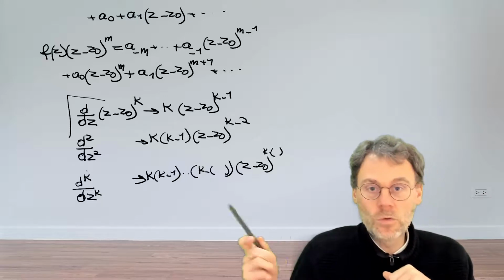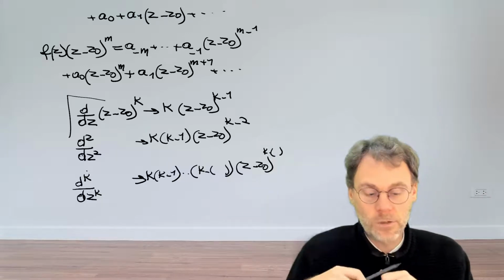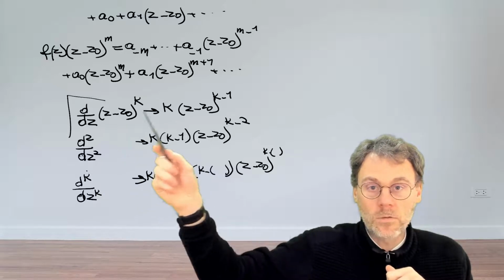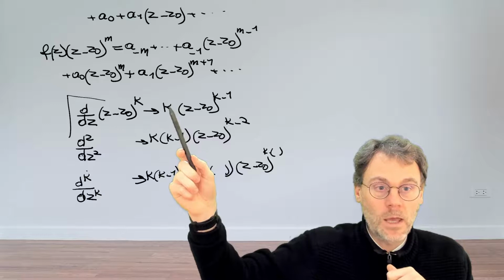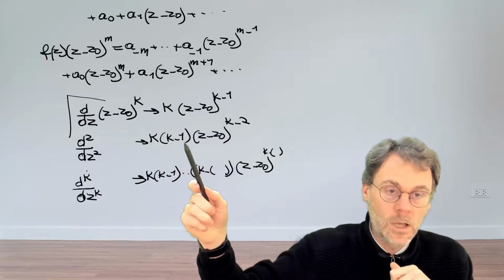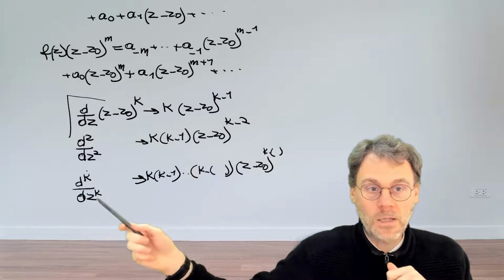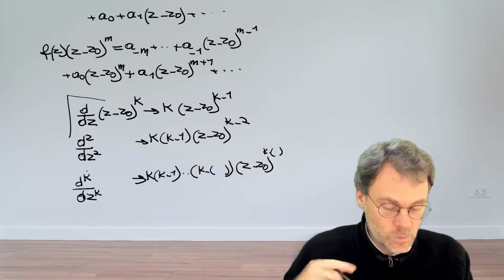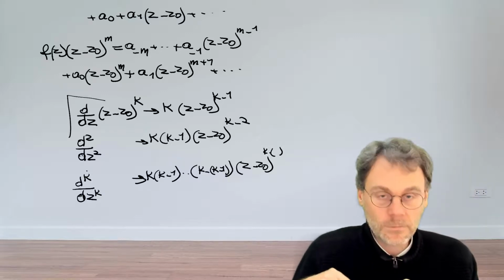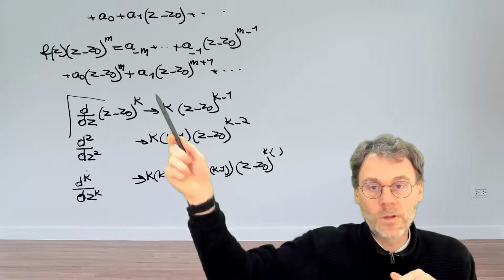So what do we need to fill in here and here? So if we take the derivative once, we end up with k. If we take the derivative twice, we end up with k minus 1. So if we take the derivative k times, we end up with k minus (k minus 1) that we need to subtract, so we have k minus (k minus 1), which is 1. So that's the pattern involving the prefactors here.